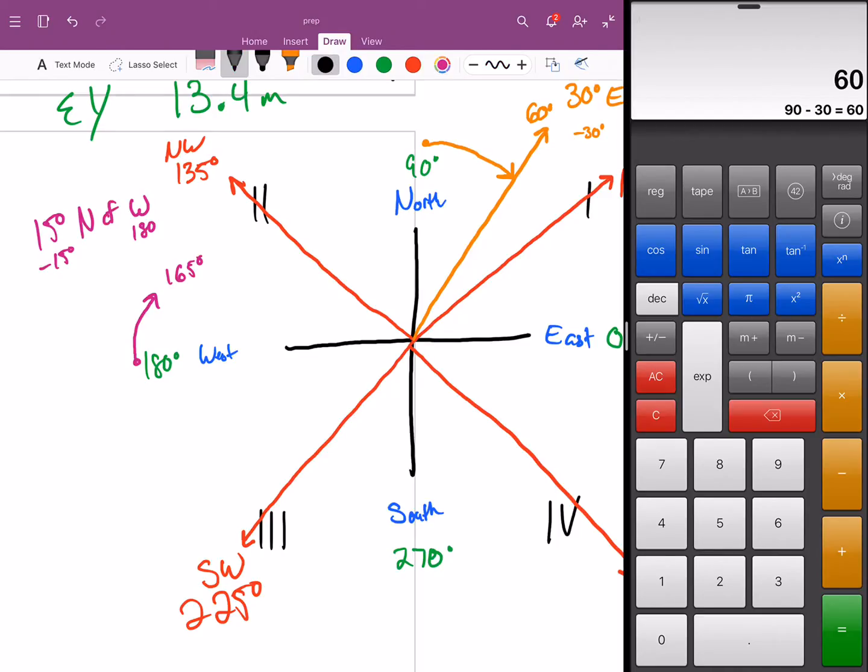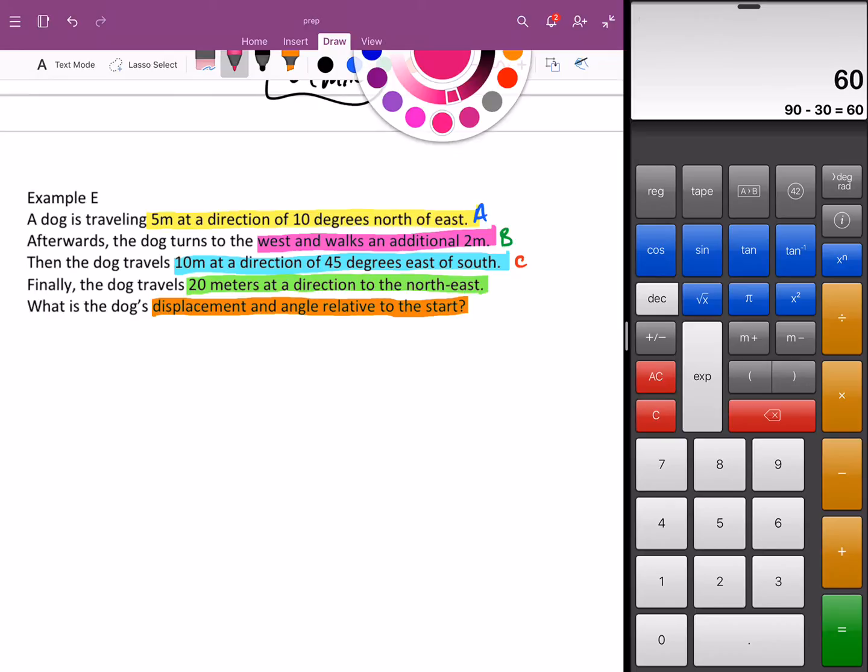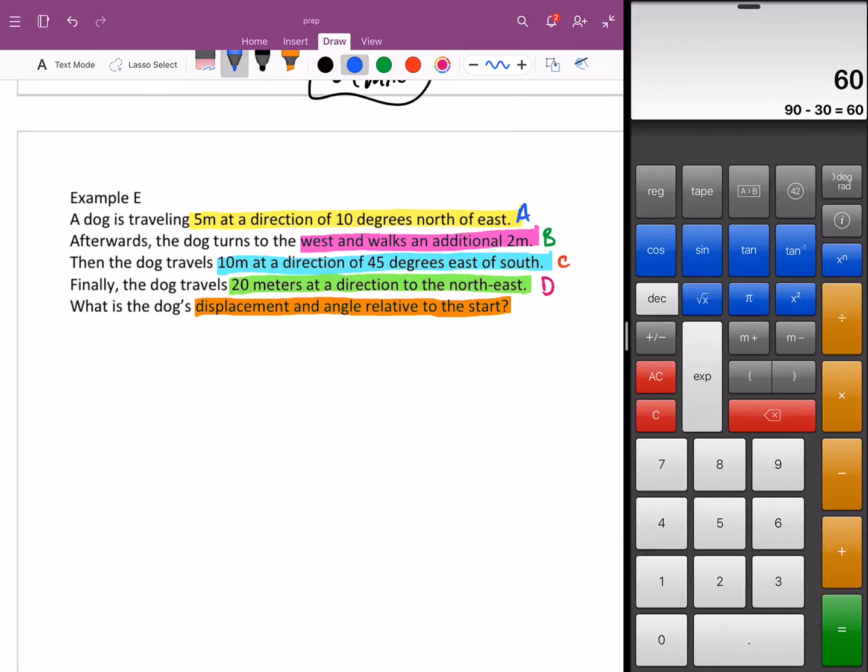Now let's go to the word problem. You have 4 general directions. We'll call this A, B, C, and D. So for A, 10 degrees north of east.